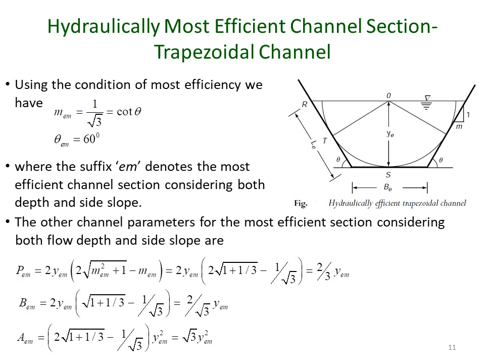So the weighted perimeter is PEM equals 2/3 of YEM, and BEM equals 2 by root 3 YEM, and cross section of flow AEM equals root 3 into YEM square. Those are the parameters for the hydraulically most efficient trapezoidal section for design.